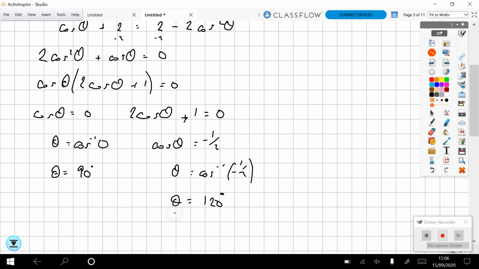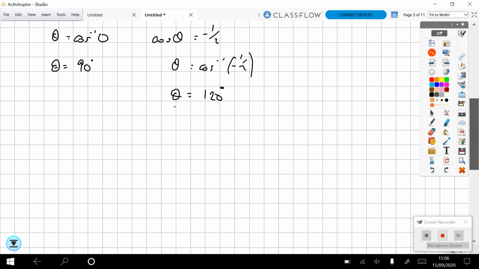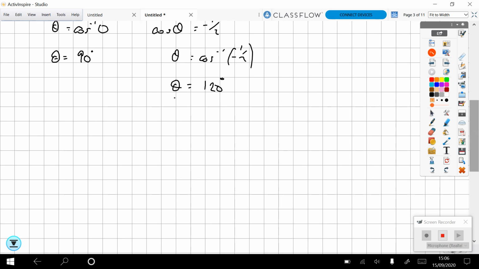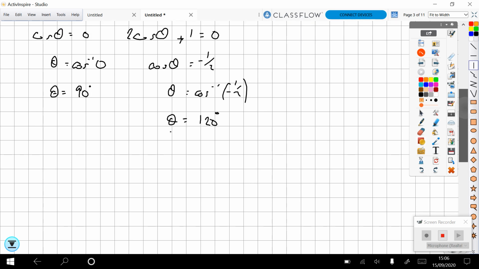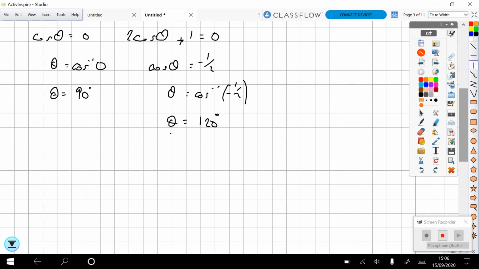But as we saw in our last example, we need to draw 2 graphs to judge whether there are other solutions between 0 and 360. So let's see what we can do. Let's take it back to there. So we need to sketch 2 graphs.